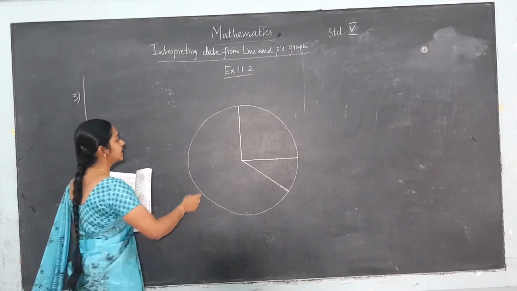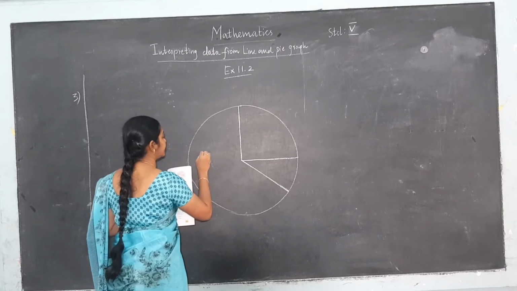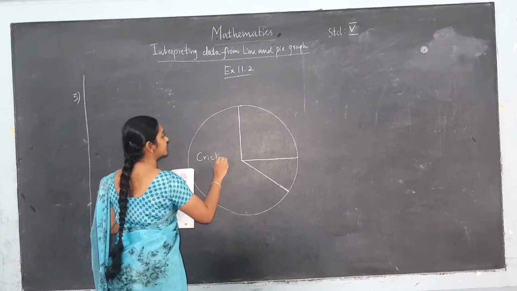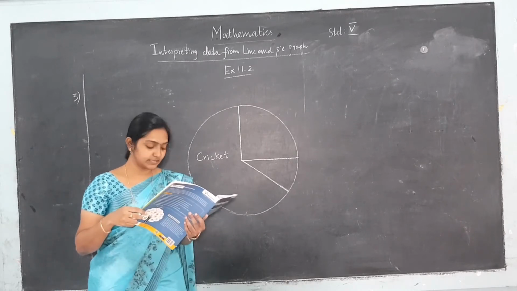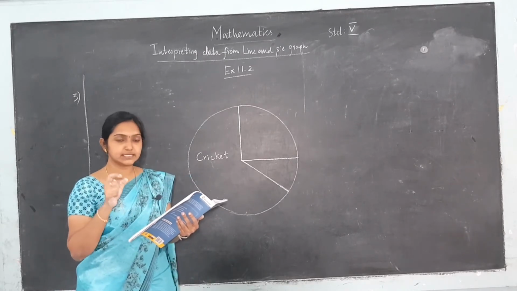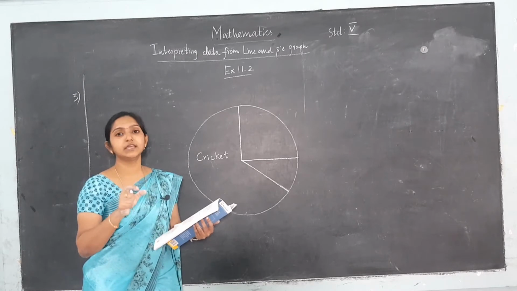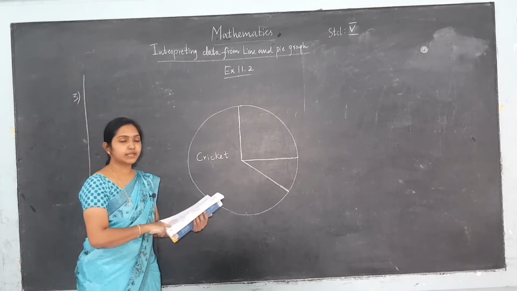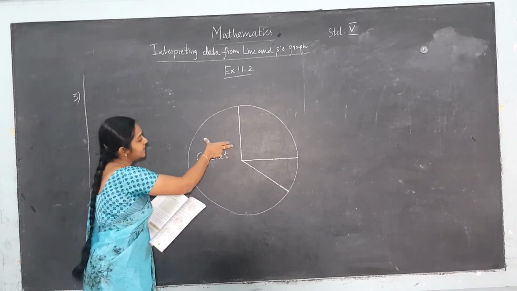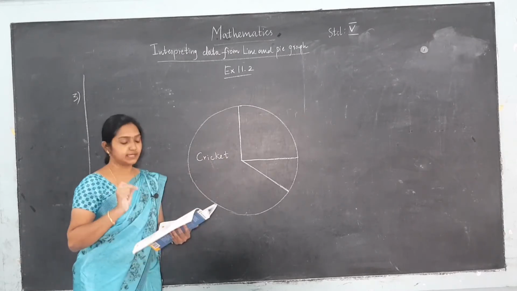So, the larger part should be occupied by cricket. Look at the table. In that, look at the number of students. It is 20, 10 and 50. So, 50 is the greater value. 50 belongs to cricket. So, in the circle, major part should be occupied by cricket.